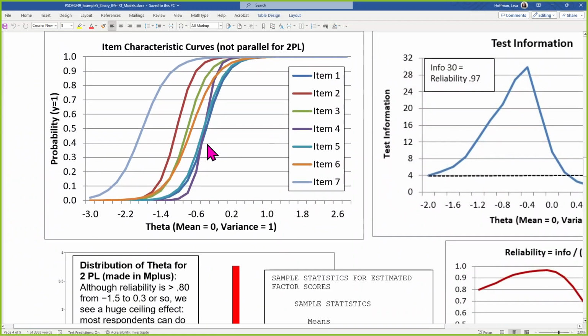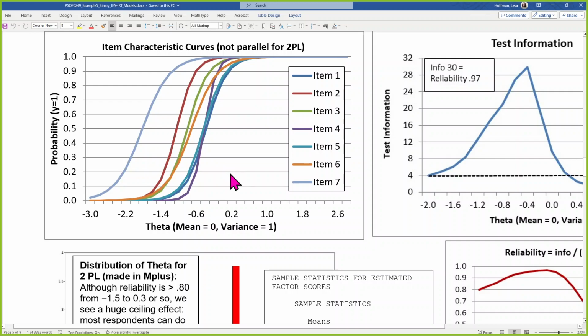So the first here on the top left is item characteristic curves. I have theta on the x-axis here, and a reminder that this is a standardized latent variable. I have the probability of a 1 on the y-axis, which is why these lines are bendy. If I had logits as the y-axis, what would these lines look like instead? Linear, straight.